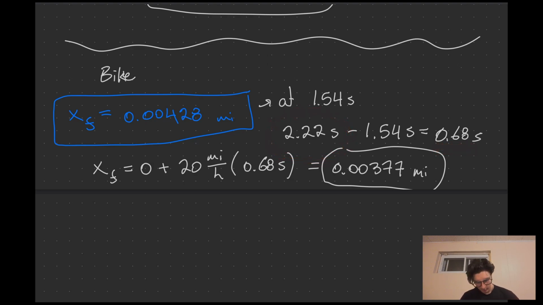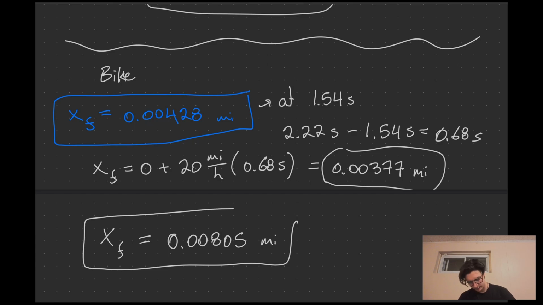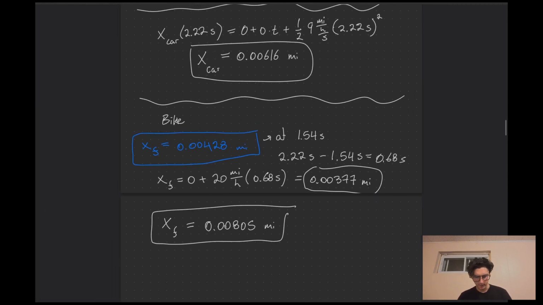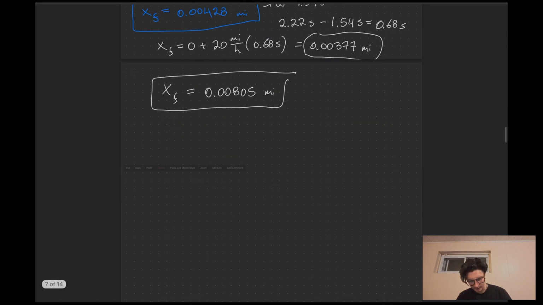So the final position of the bike is going to be 0.00428 plus 0.00377. So we reach 0.00805 miles. This is the final position of the bike. Now that we have the final position of the bike and the final position of the car, we could just see what that gap is.